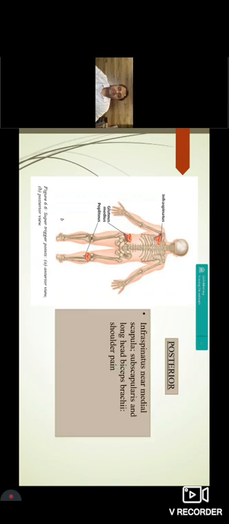Next, on the posterior aspect, the most important ones are the infraspinatus, gluteus medius, and the popliteus, right? Infraspinatus, the medial border of the scapula, subscapularis, and long head of biceps brachii for shoulder pain. You have the popliteal area for knee pain.